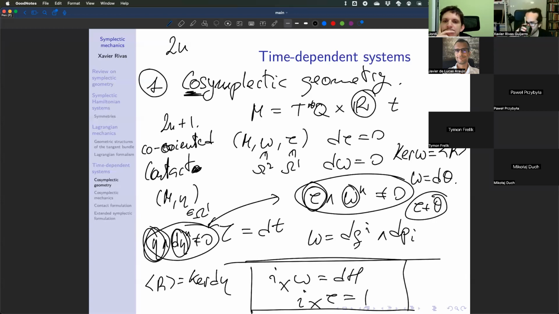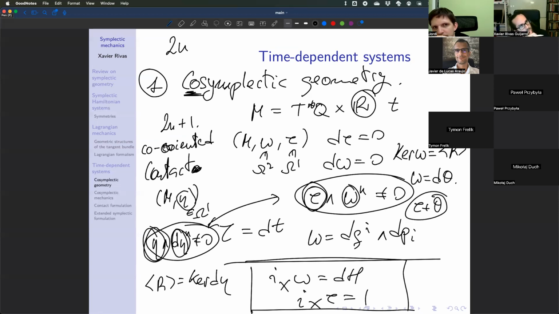Also with the contact, you can do a similar thing when you have d eta. There is a method to go from one to another. The problem is that it works for the structure, but as far as I remember, it does not work for Hamiltonian vector fields.